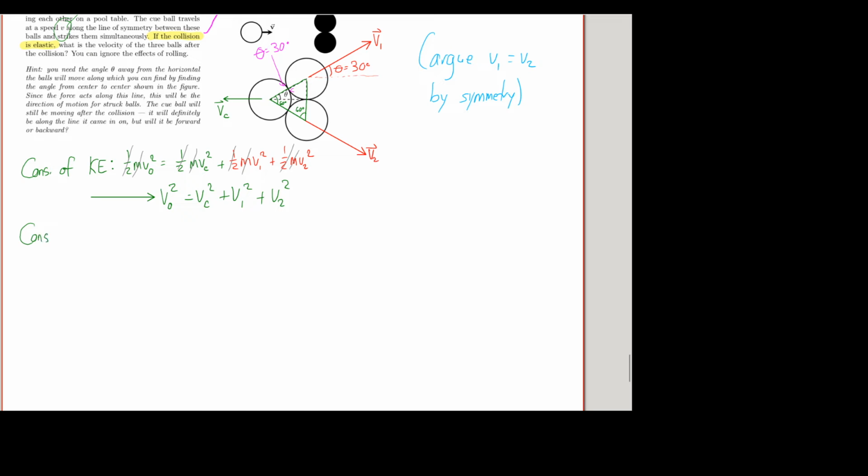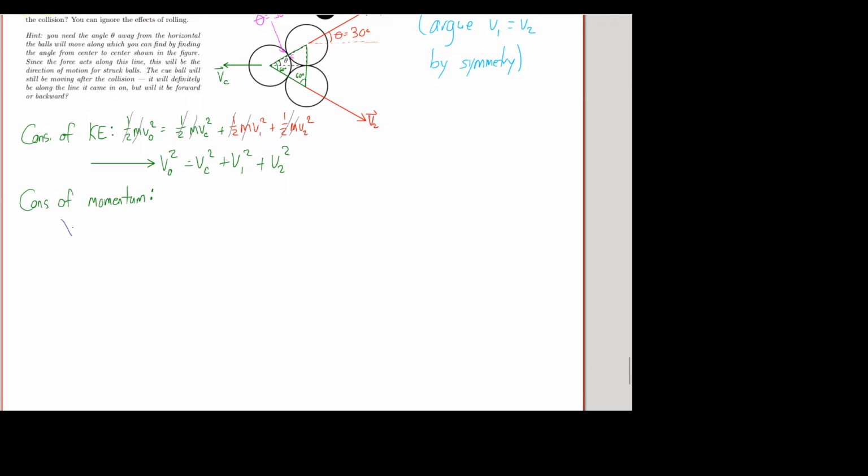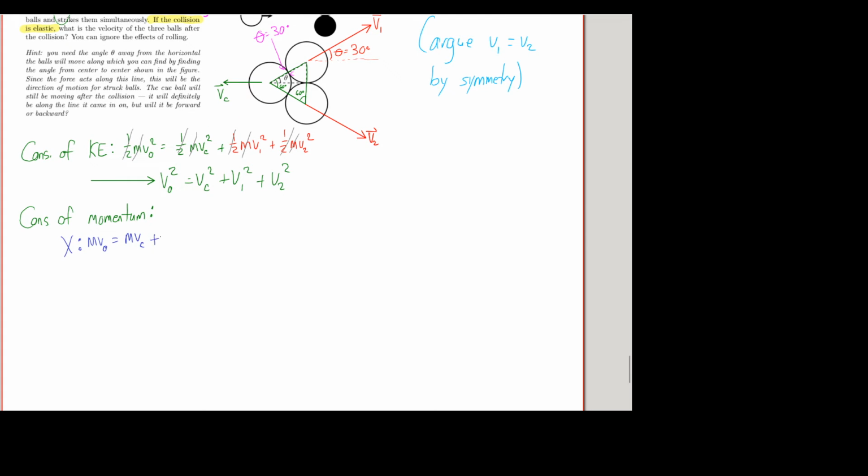We also have the conservation of momentum in both x and y. In x, that tells us that m v naught equals m vc, again, I don't know whether that'll be positive or negative, plus m v1 cosine theta plus m v2 cosine theta.